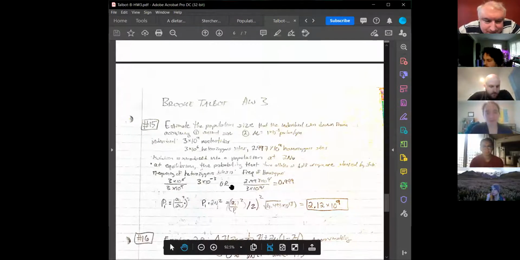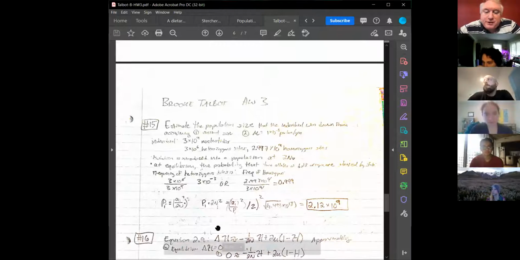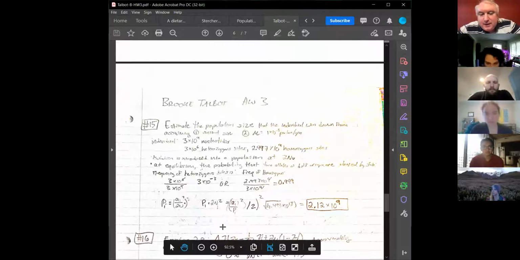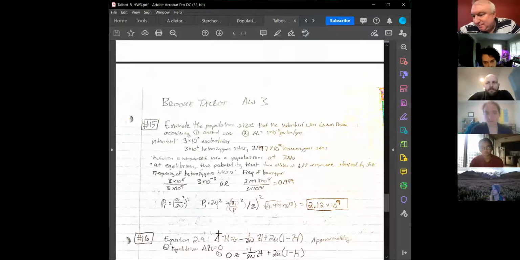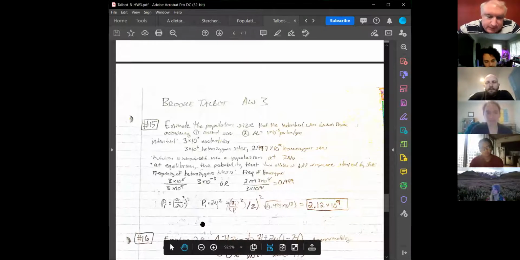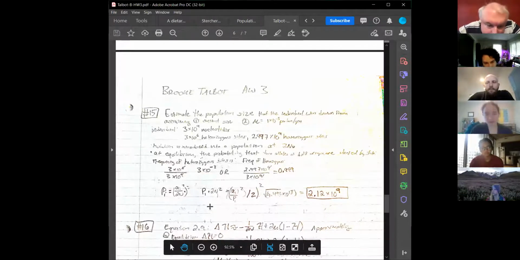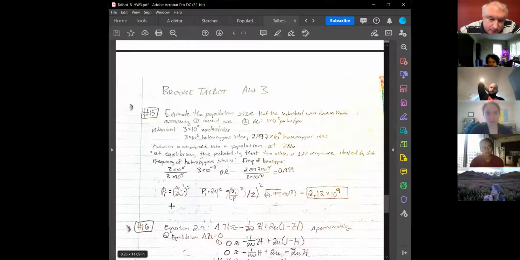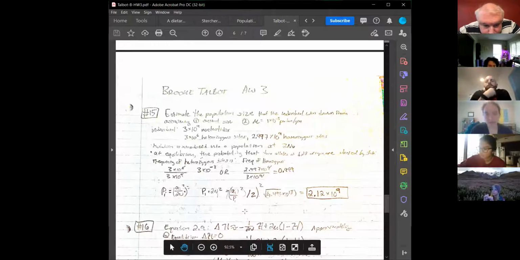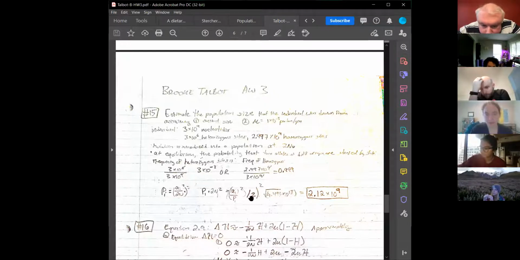So we started off by saying you start with the same argument Kevin did, basically, that if 1 in 1,000 sites are heterozygotes, that must mean heterozygosity is 1 in 1,000. Okay, it's an estimate. But from there, what did you do? You said P1 is equal to A1 over 2N. And so then what I did was I put in, I think, the frequency of the allele.